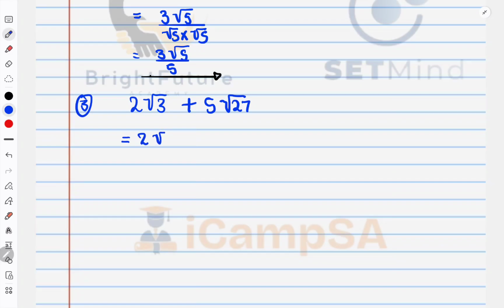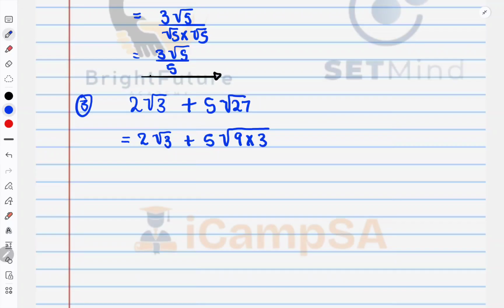Okay, we have 2 root 3 as it is plus 5. Let's see if we can find a perfect square for 27. So let's say 27 divided by 3, we get 9, of which 9 is a perfect square. So 27 can be written as 9 times 3.